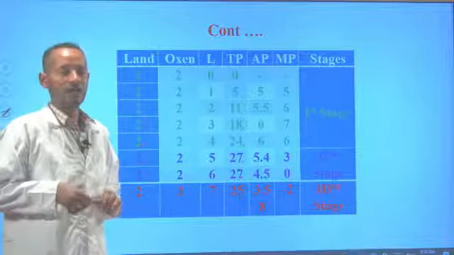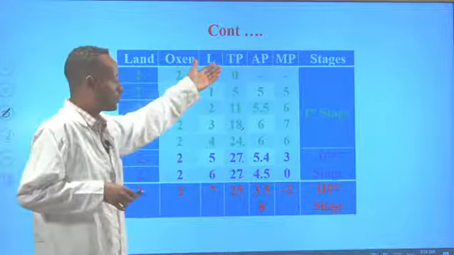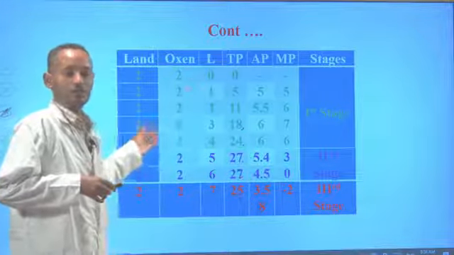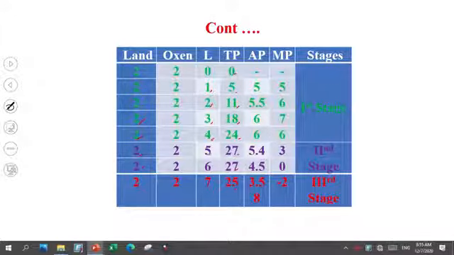In this case, even though there is a change in the output produced, there is no change in the inputs employed. Hence, land is considered a fixed input.